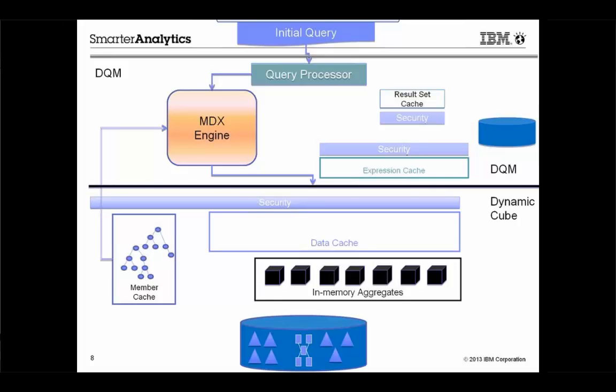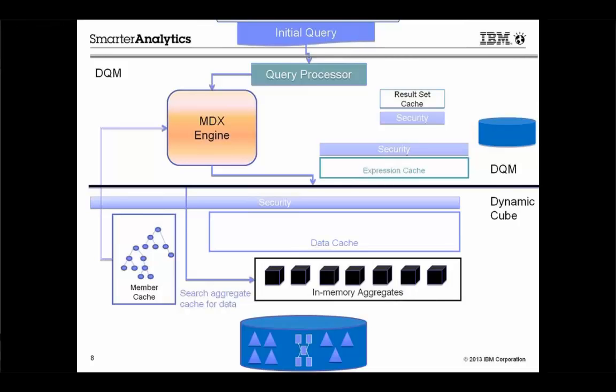Once it has that information, it determines what data values it needs to calculate the results for the report. Then that query comes back down to the Dynamic Cubes query layer, which checks the data cache: do I have the values that I need? In this case, since it is an initial query, no, it doesn't. Then it searches the aggregate cache, in a waterfall method, data cache then aggregate cache, to see if it has the values that it needs.